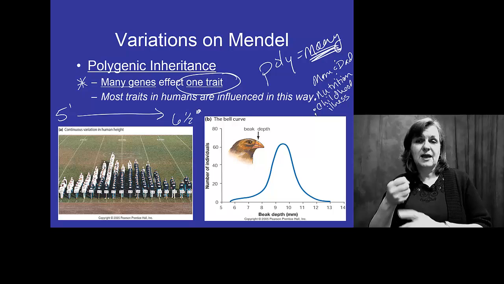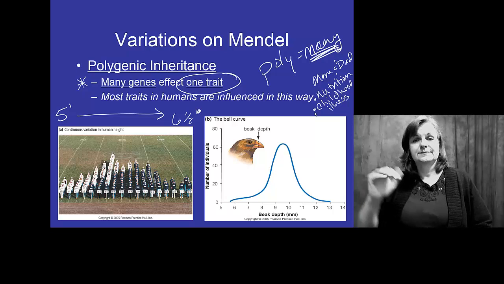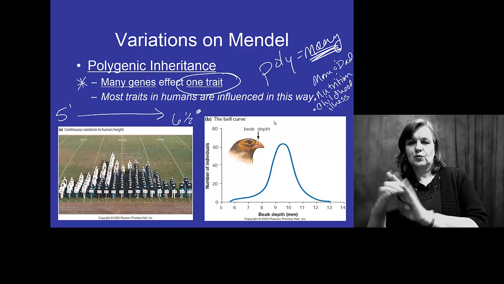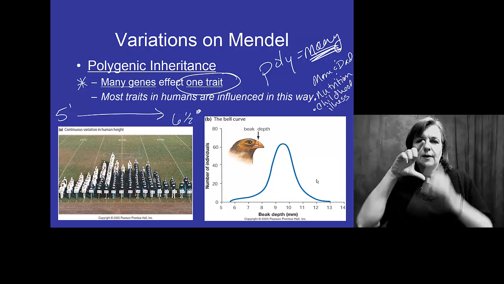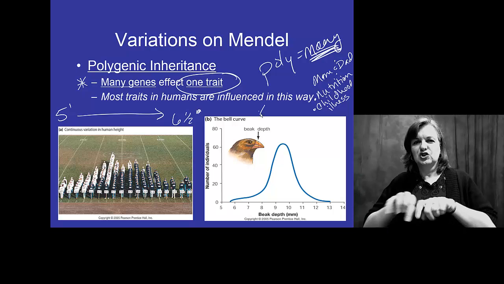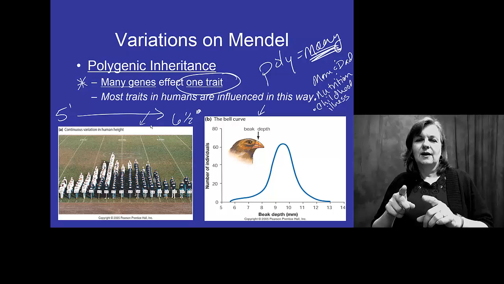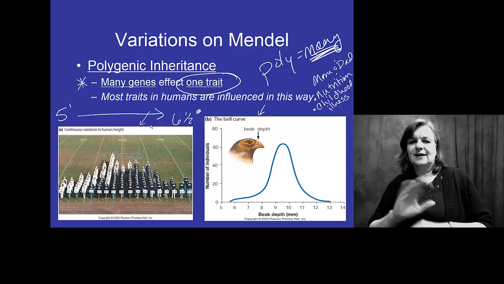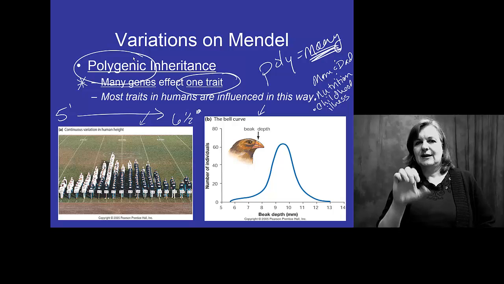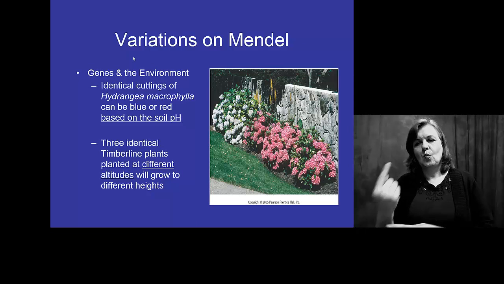So all of these things come together to give you one trait. We'll look at this in bird beaks as well. There's a distribution, kind of a normal curve distribution here looking at beak height, but beak size is the same as height in you. It's affected by many, many things, meaning it's polygenic. Many genes, one trait. Okay.